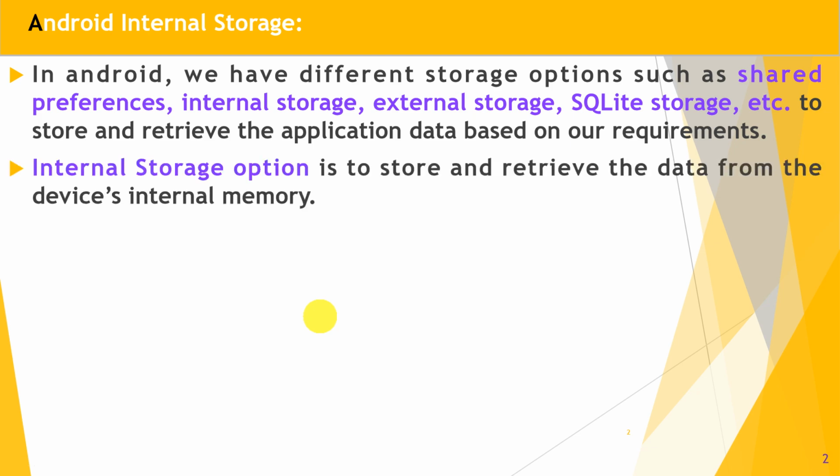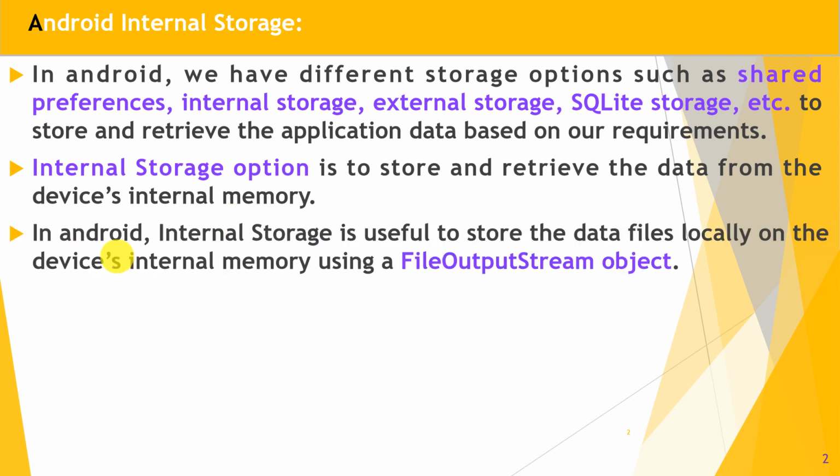Internal storage option is to store and retrieve data from the device internal memory. In Android, internal storage is useful to store the data files locally on the device internal memory using FileOutputStream object.